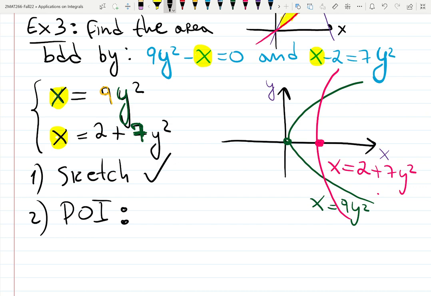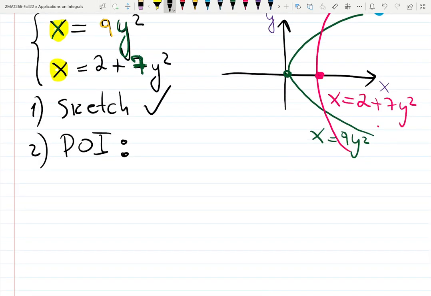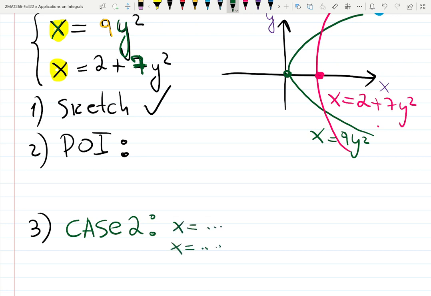We need points of intersection, not on x and y anymore because we're building, so let me skip some steps and make a point here. We're choosing case 2. Why? Because we have x equals blah, blah, blah, and x equals blah, blah, blah.